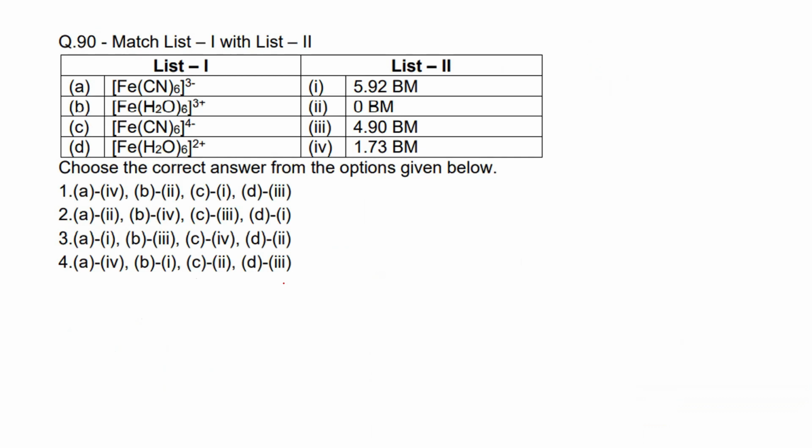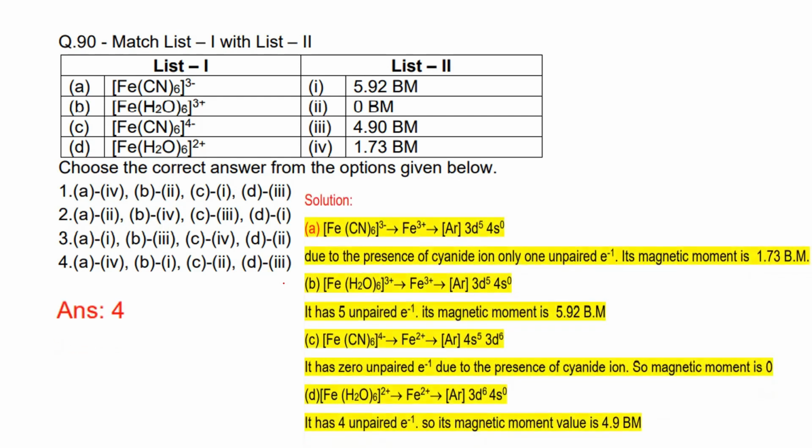So Fe3 plus is the central metal atom we have. So Fe3 plus means definitely there will be at least one unpaired electron, because cyanide is a strong field ligand. So 2 out of 5, two pairs will come and one will remain unpaired. So that will give you 1.73 as the mu value, magnetic moment.